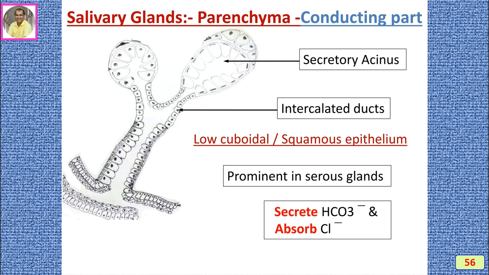So the intercalated duct will be present. Then coming to the lower part, we are always focusing on the upper parts, but the lower part also has squamous epithelial-like cells.